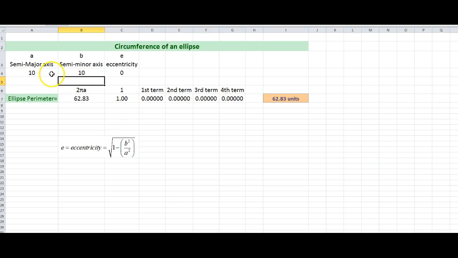And as you can see, if you put 1 in here, what do you get? 2 pi times a, where a is 1, and you get 2 pi. That's the circumference for a circle with a radius of 1.